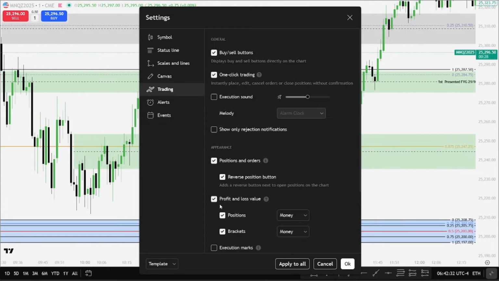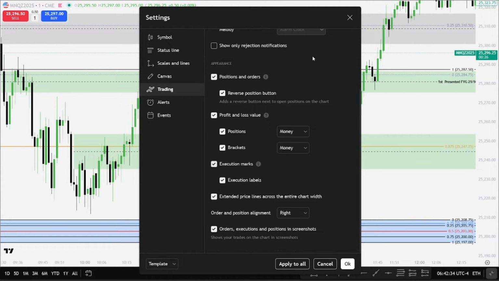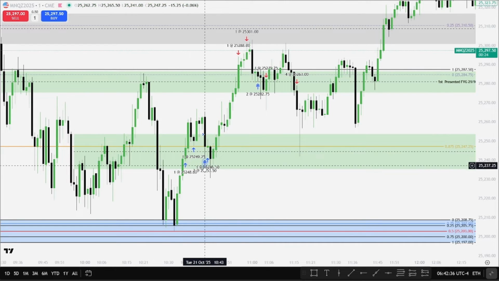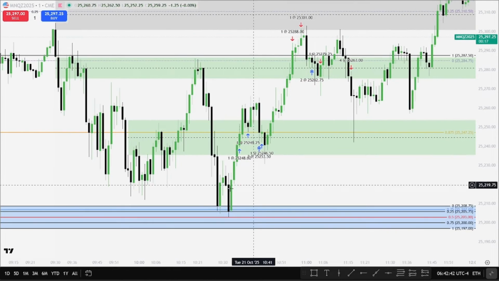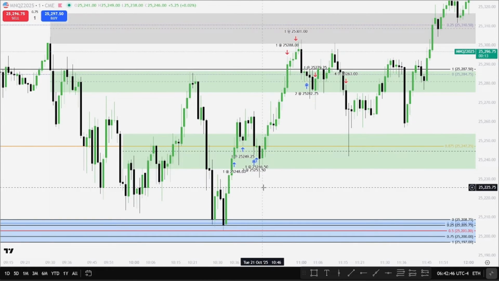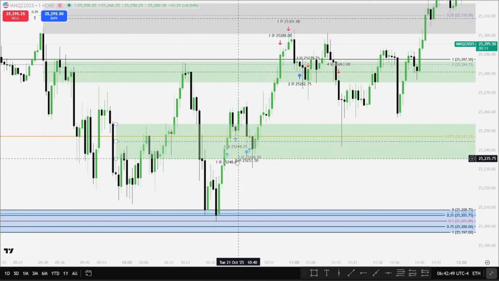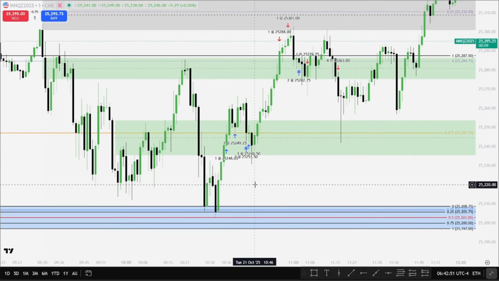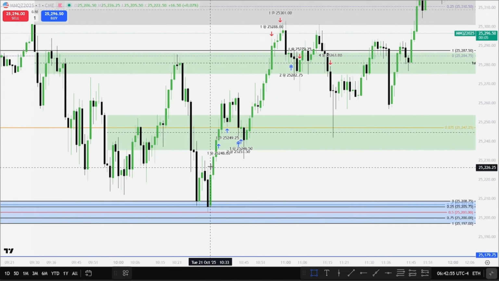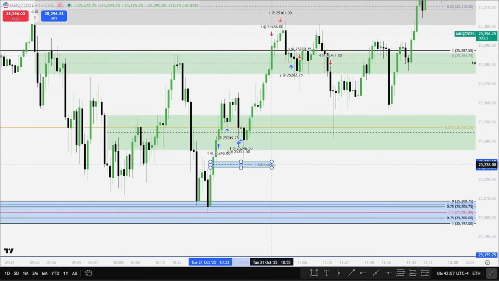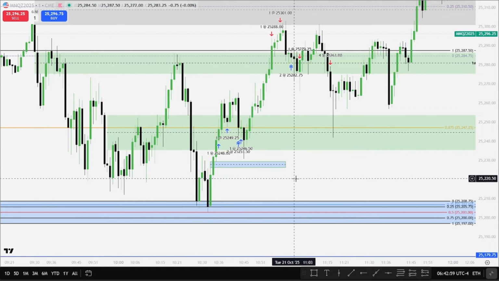As you see, I entered here. All of my entering was here. This was enough to make a low of the day. My stop loss was below this. I wanted this to act like a breakaway gap, and it did.